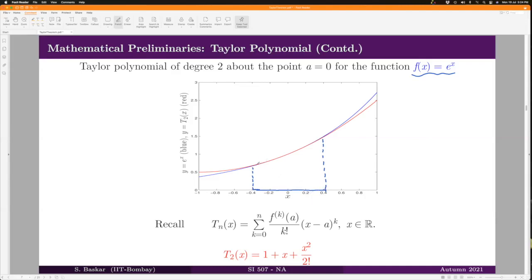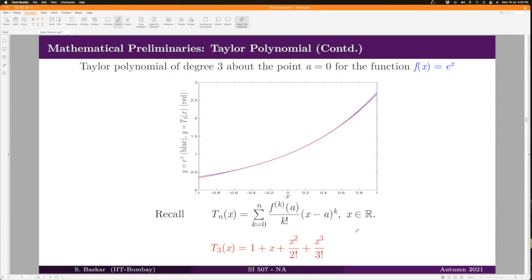We cannot say that it is exactly equal, but it is well approximating. That is, the Taylor polynomial is well approximating the original function f(x) equal to e to the power x in a little bigger neighborhood of the point a equal to 0. That is what we are understanding through this example.